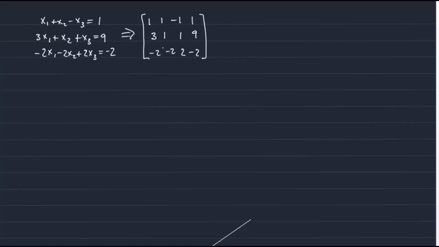So again, the steps are to indent each successive row over by one element. So the second row we need to indent by removing this 3. So to the second row, let's transform it by subtracting from it 3 times the first row.